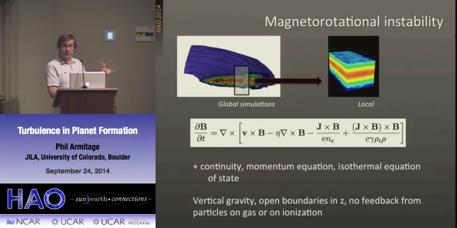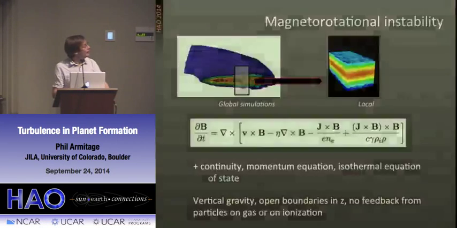We don't consider dissipation in current sheets or anything like that in these calculations. What we do have is vertical gravity. So you see here, this is a density plot, showing the stratification between the midplane and the upper layers. As I said, we have open boundaries in the vertical direction. We don't, in these calculations, consider particles or dust. And so there's no feedback from particles on the gas, either dynamically or in terms of what they might do for the ionization level within the fluid.